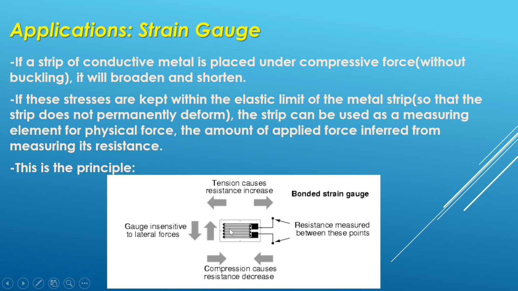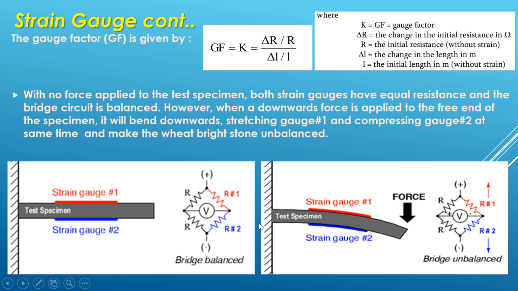When the strain gauge is stretched in tension, the resistance increases because its length increases and its area decreases. When the strain gauge is compressed, the resistance decreases.